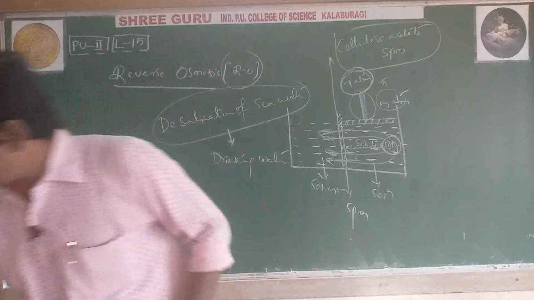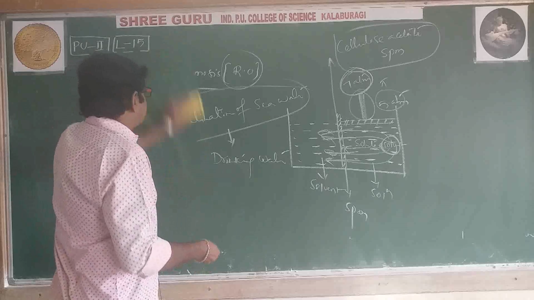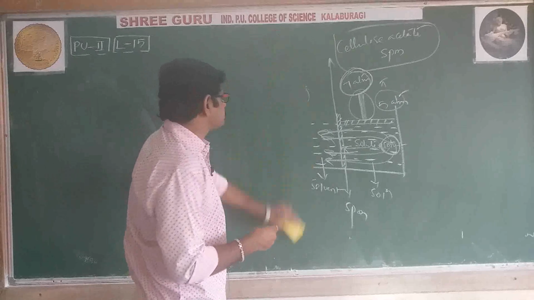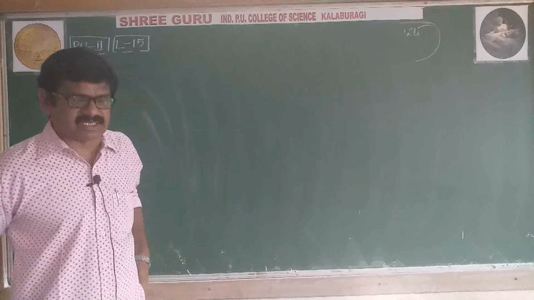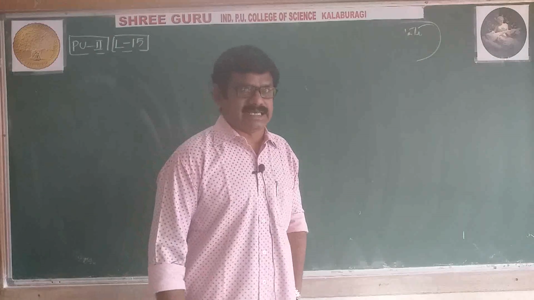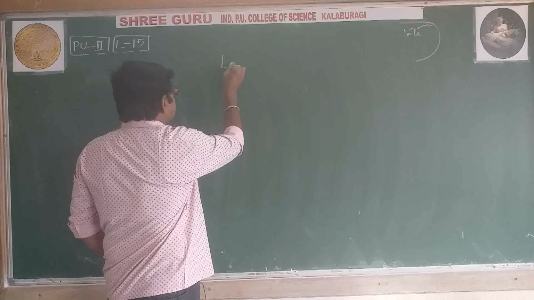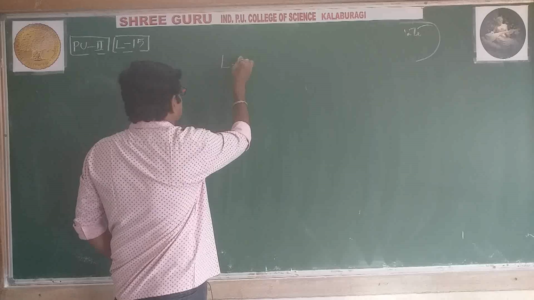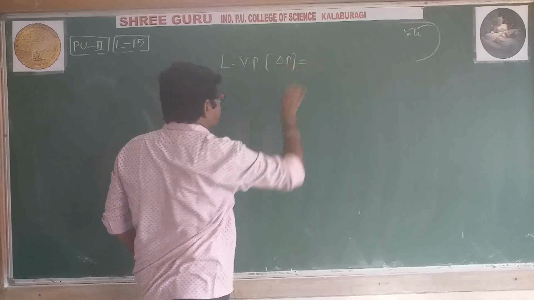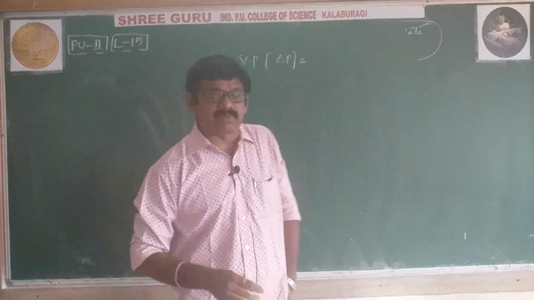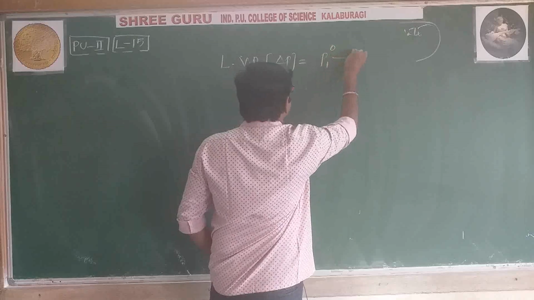Okay, right. Before we conclude, one important thing. Already at the time of vapor pressure, lowering of vapor pressure, relative lowering of vapor pressure, we have learned the formulas. For lowering of vapor pressure, delta P, please try to remember the formula: it is P1 naught minus P1.